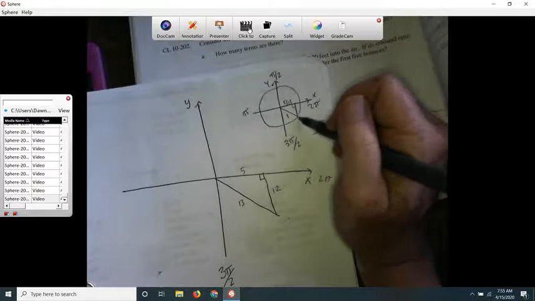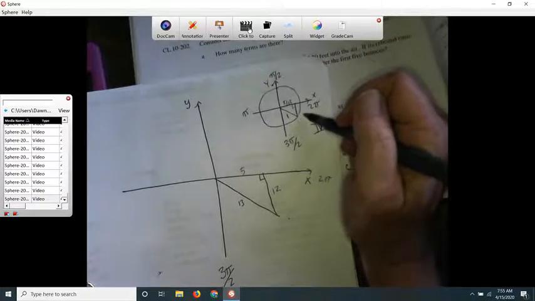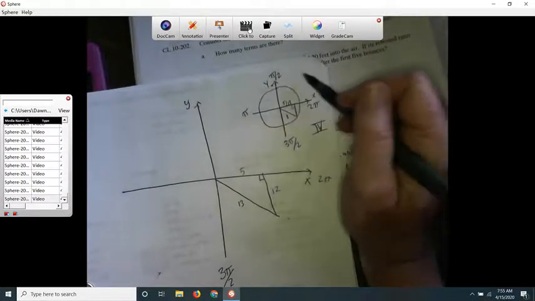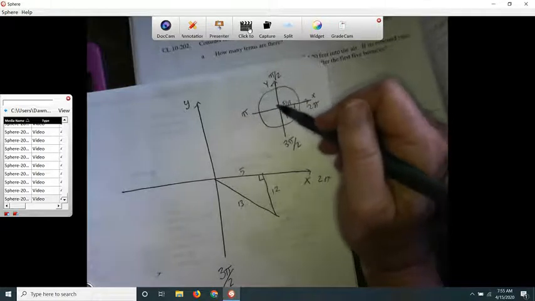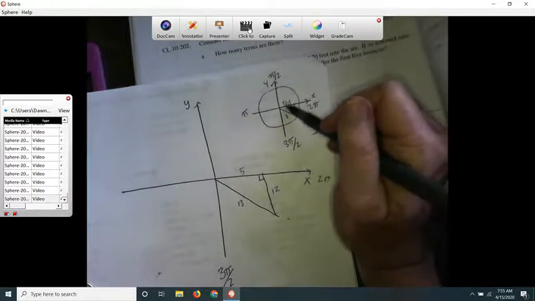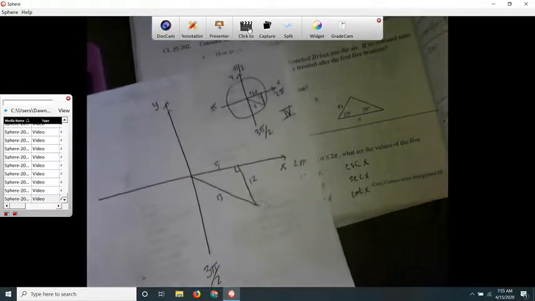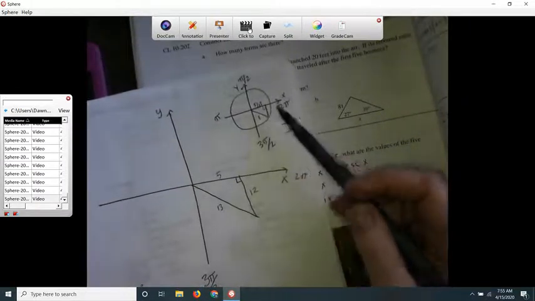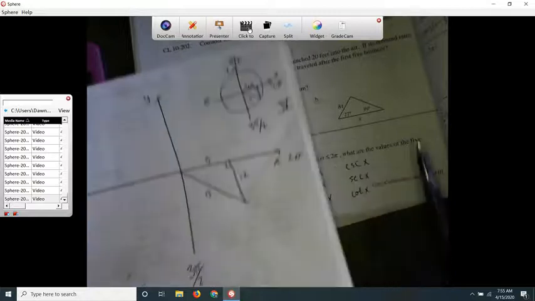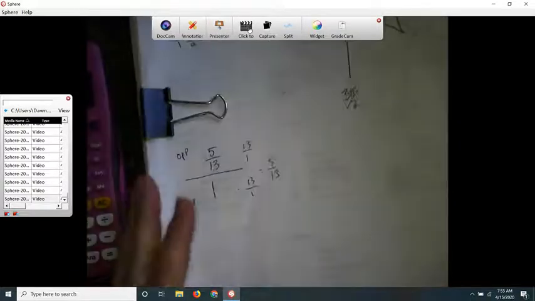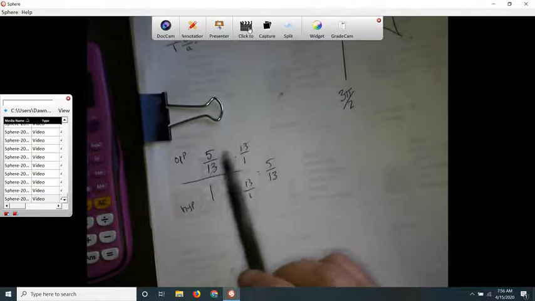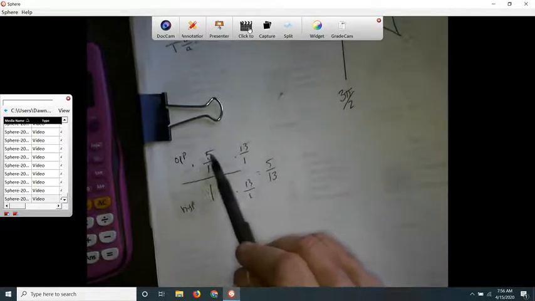I would like to scale up my unit circle and make it bigger so that I don't have to deal with the fractions. And maybe this would make sense to you if this is a little triangle. If I multiplied this triangle by 13, well, 13 over 1, like this is opposite, and this is hypotenuse.